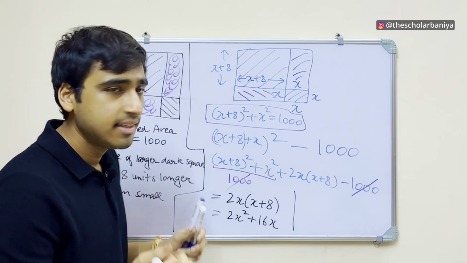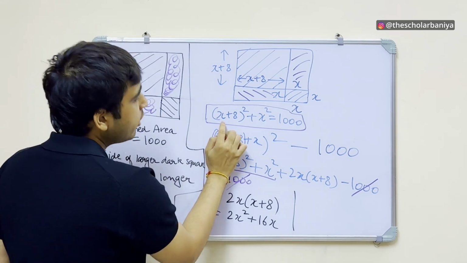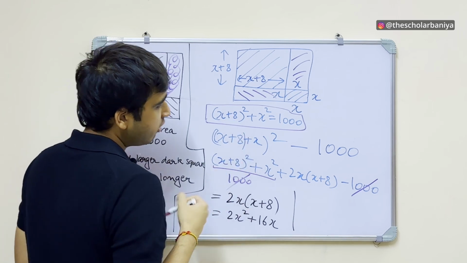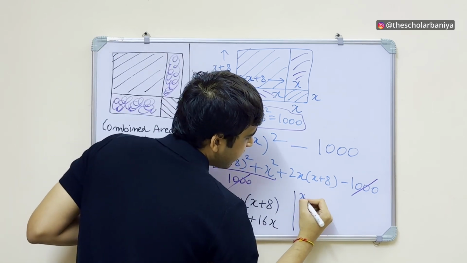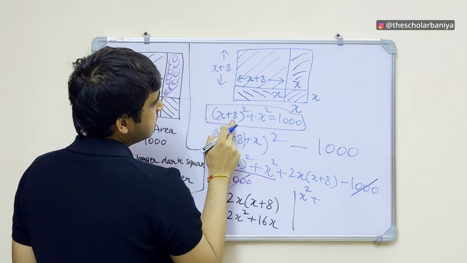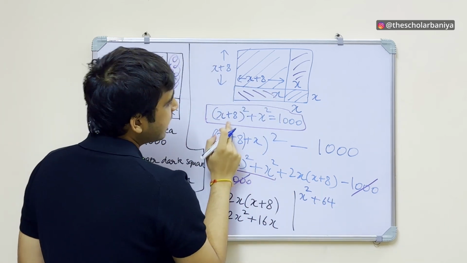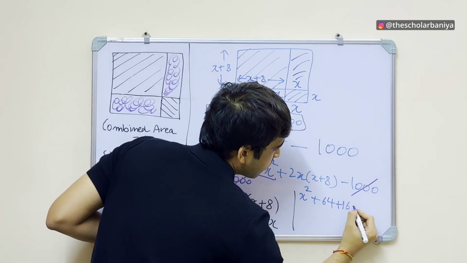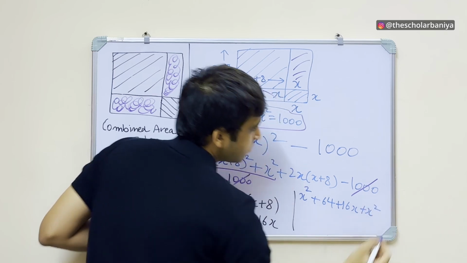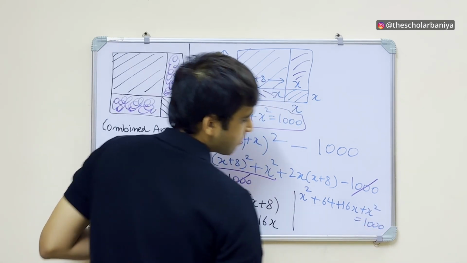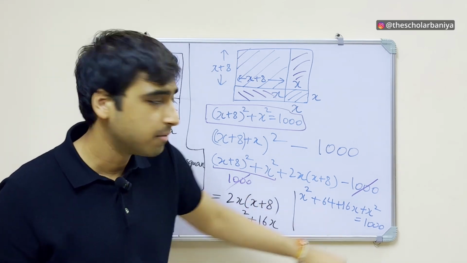Now we have to find the numerical value. If you open this part, it will be x square plus 64 plus 16x, plus x square, equals 1000. I hope this is visible, right?